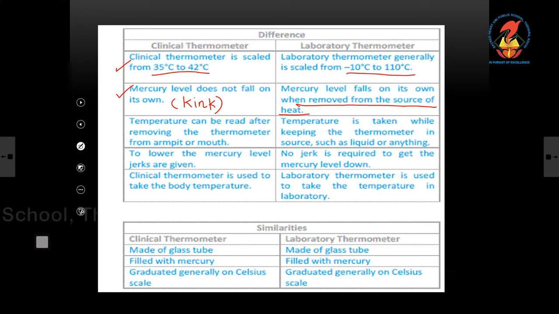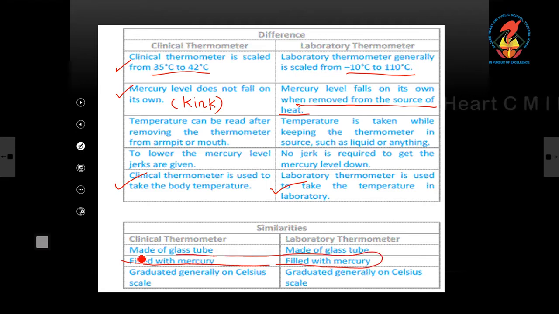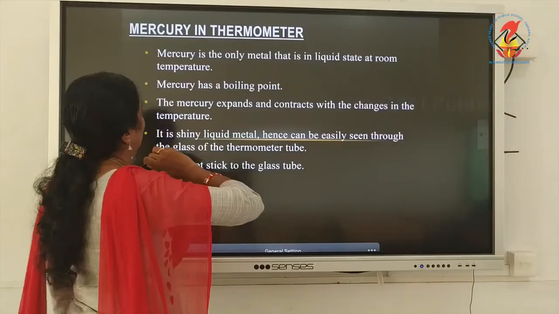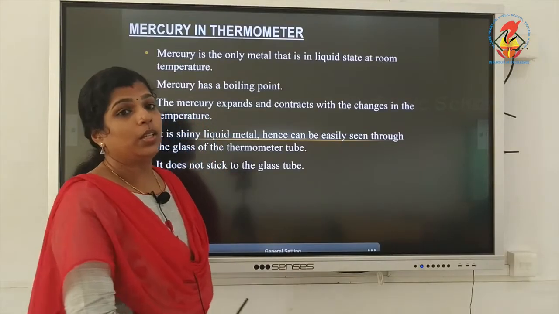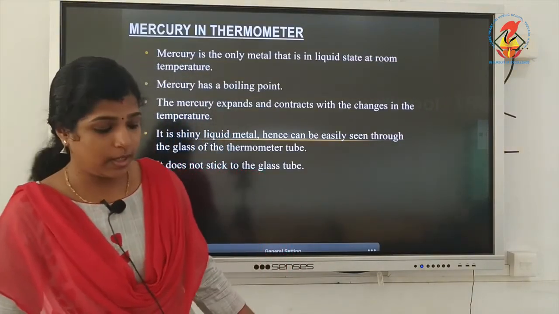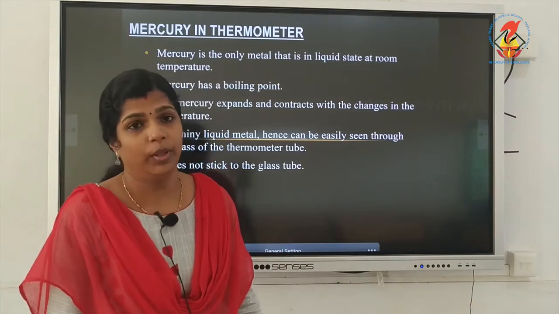Then, the clinical thermometer is used to take the temperature of the body. The laboratory thermometer is used to take the temperature in the laboratory. Then the similarity: it's filled with mercury. Then why are we using mercury as a thermometric liquid?